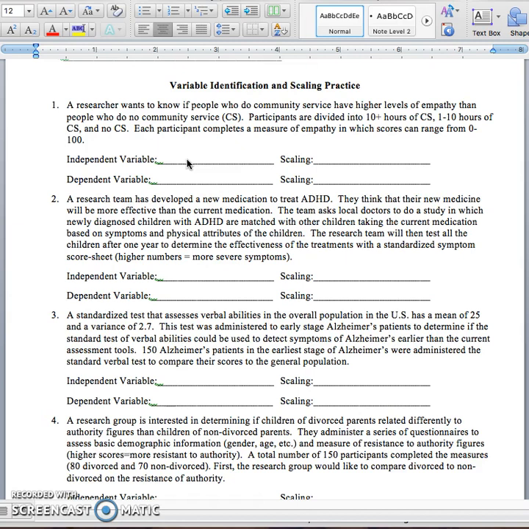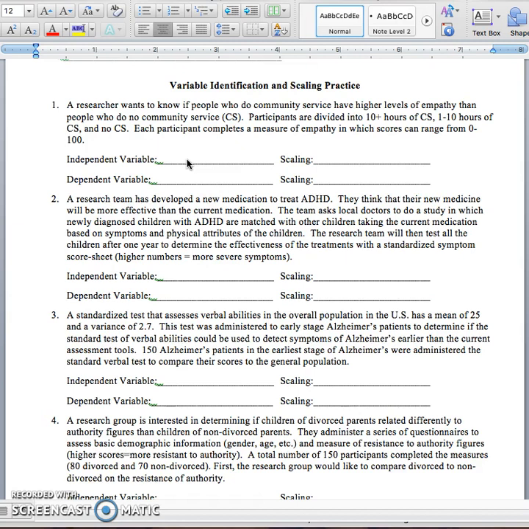The dependent variable, I always think of the dependent variable like this: the dependent variable depends on the independent variable. So we're measuring something based on our manipulation. So in this case, we are measuring empathy based on level of community service. So the dependent variable would be level of empathy.